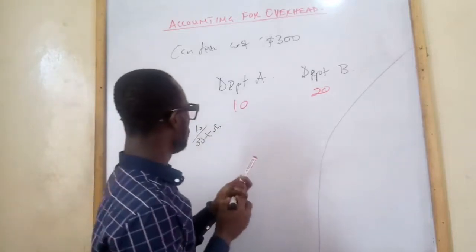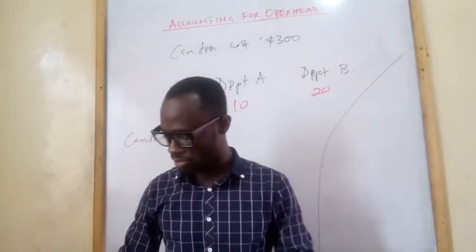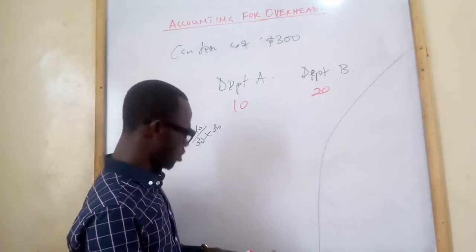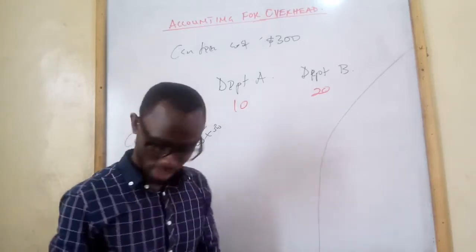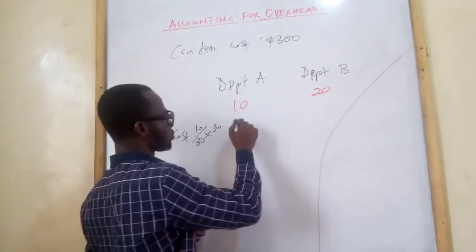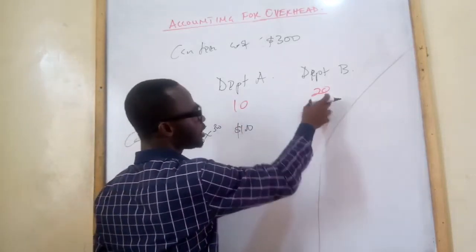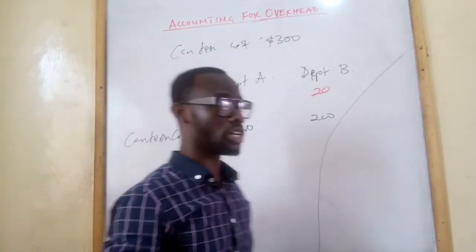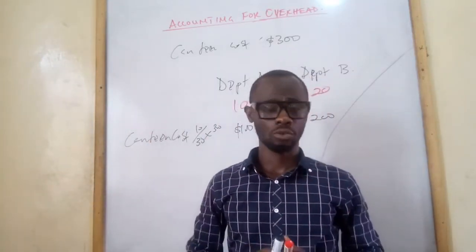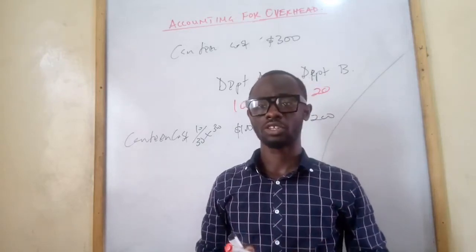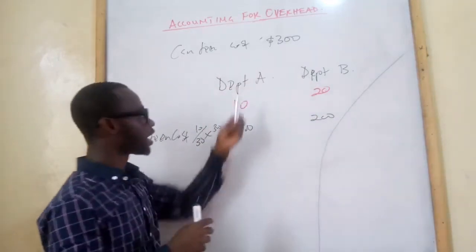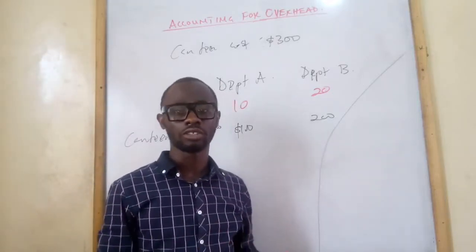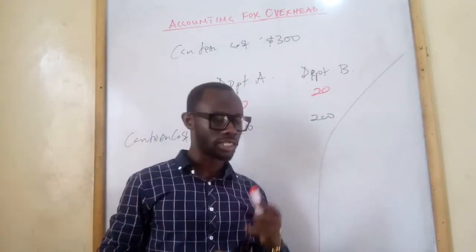So 1/3 of 300, that should be 100. And certainly Department B is going to take 200. So that is what we mean by apportionment of overhead. If it is a canteen cost, we are going to use the number of employees or the number of meals served at each department.